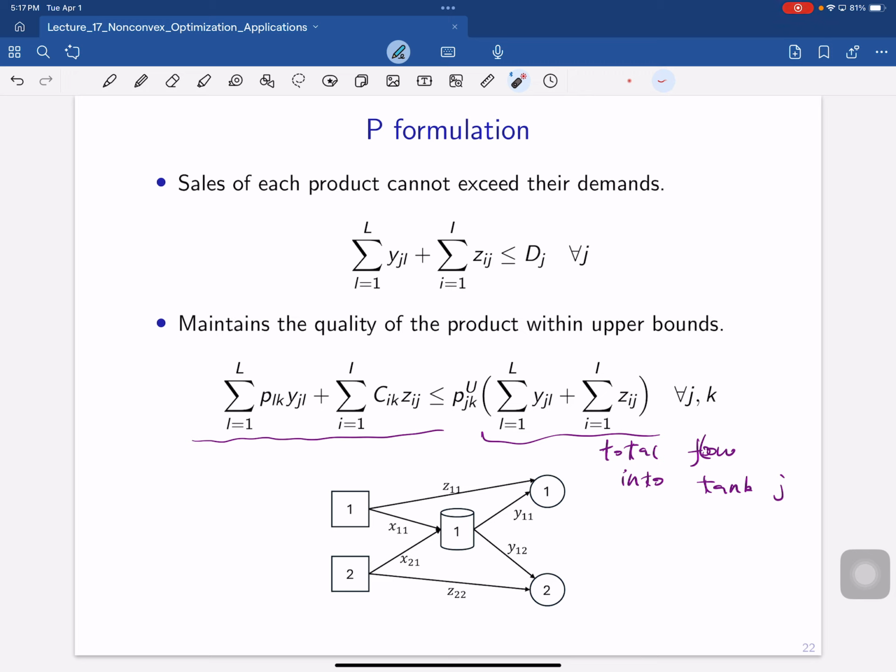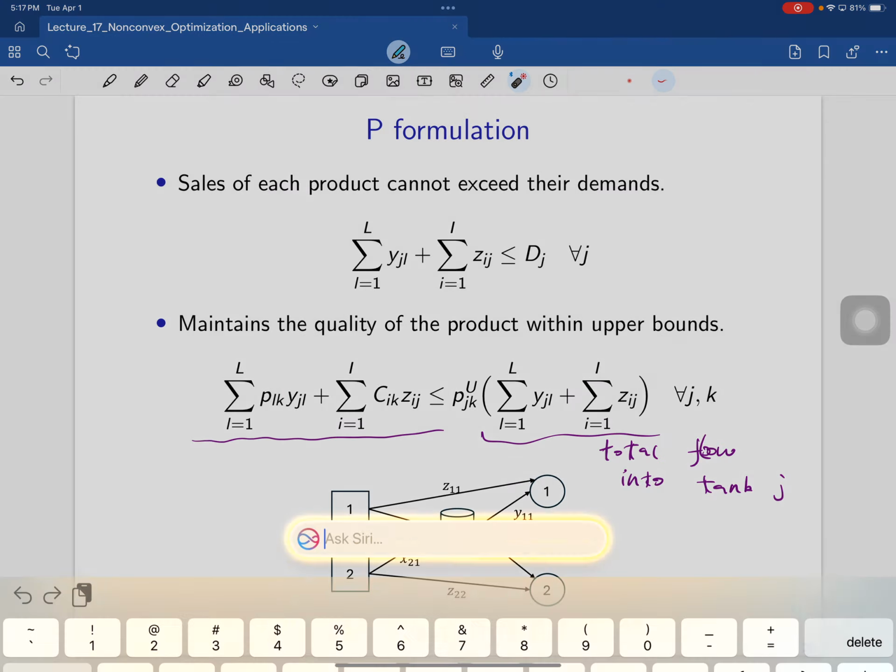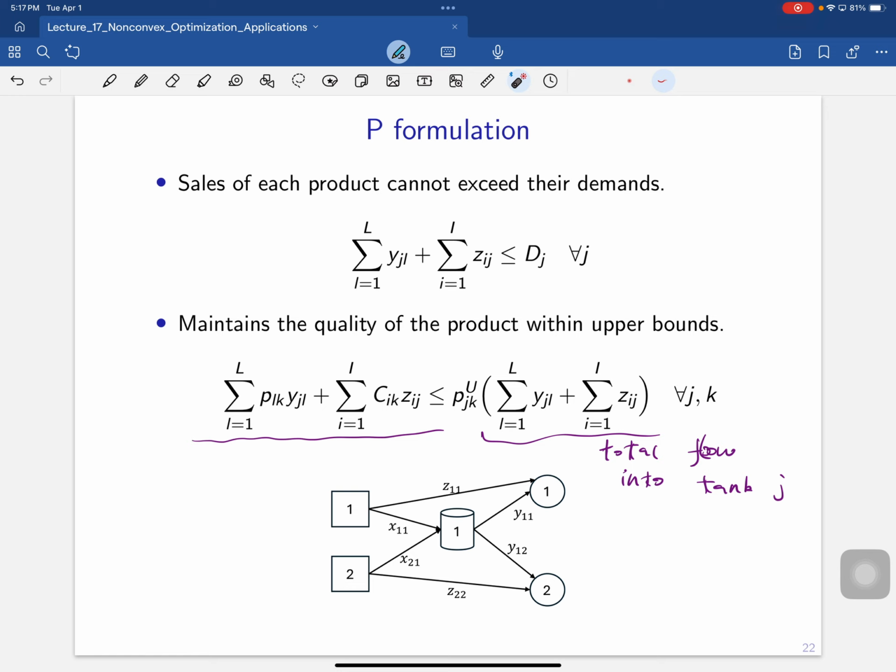Right? So z_ij is the flow of raw materials, and then the quality k of the raw material is represented by c_ik. Right? So c_ik times z_ik gives you the concentration of quality k from the raw material, and then p_lk is a quality you calculated for the blending tanks.